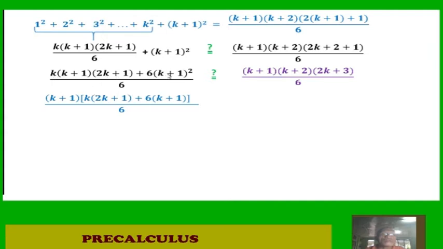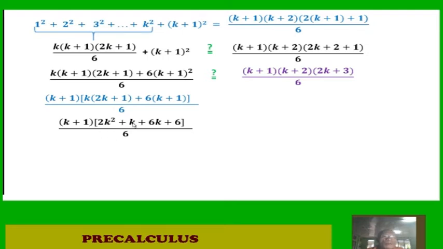Here is 6 times quantity k plus 1. 1 minus 1 is 1. Then distribute k. k times 2k plus k times 1. This one, distribute 6. So we have here 2k square plus k plus 6k plus 6.